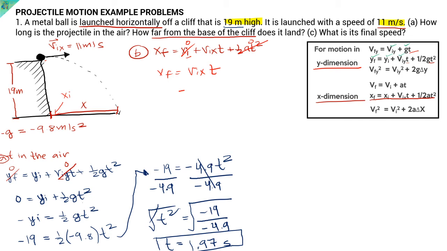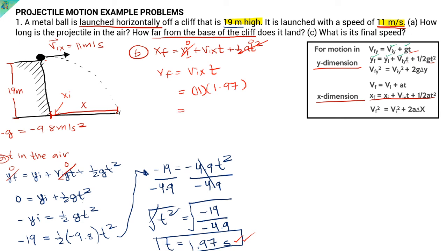Okay, so I think we can already compute for this. Our Vix is of course 11 meters per second. So that's 11 multiplied by the time it took for that situation to happen, which we found as 1.97. So we'll just multiply that, 1.97. Let me get my calculator.